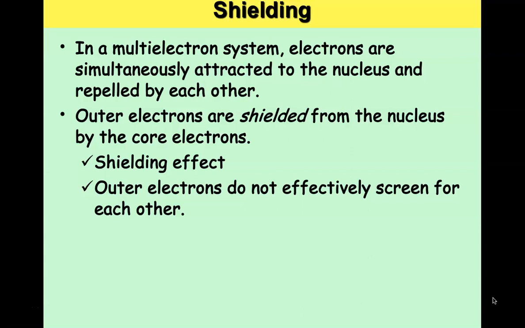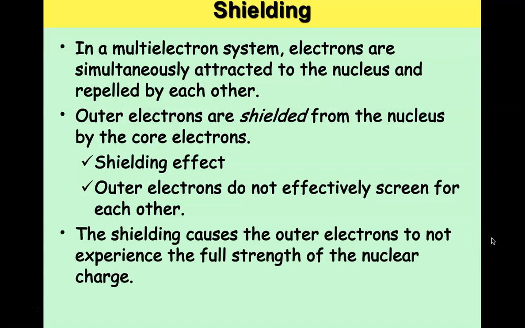Ultimately, the core electrons are the shield. All electrons in the same outer energy level don't really shield each other in the sense of the word shielding.